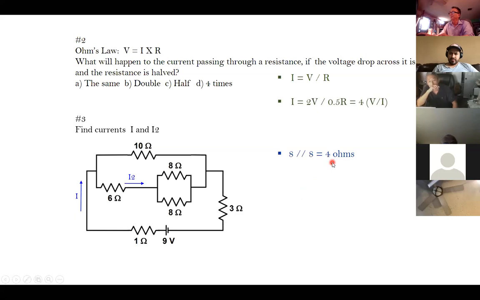Then this 4 ohm will be in series with 6 ohm. You combine it, 10. Okay, then you get 10 and 10 in parallel, so you get 5 ohm.